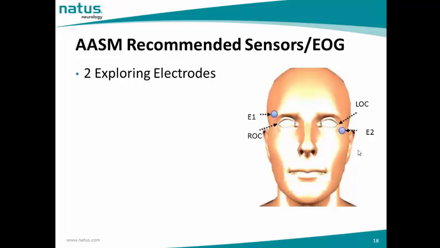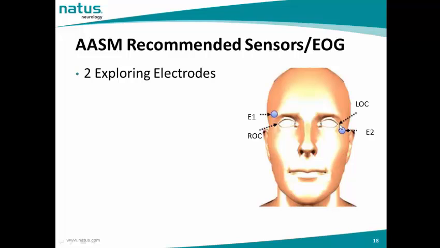The recommended method for EOG electrodes placement is as the following. We go to the right outer canthus, that is the intersection of the upper orbital margin and the lower orbital margin. We go 1 centimeter laterally and 1 centimeter up.